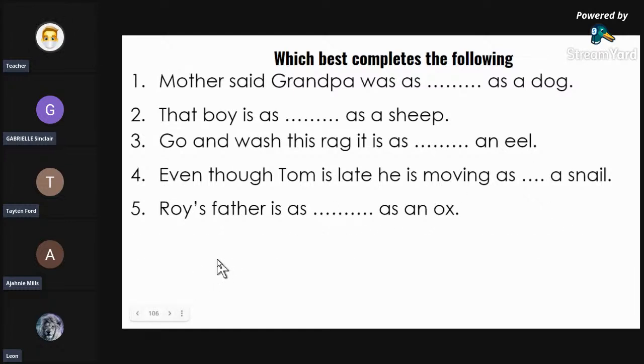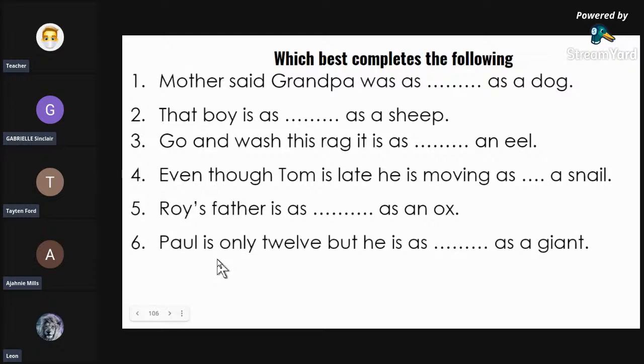Let's go with 6. This one is for people on YouTube now. Paul is only 12, but he is as dash as a giant. Let's see who will get this one first. Quick fingers on YouTube. Not strong. Not thinking of strong.